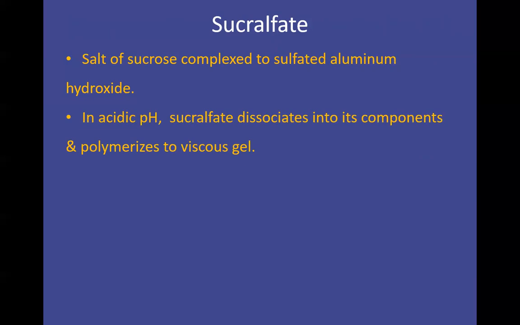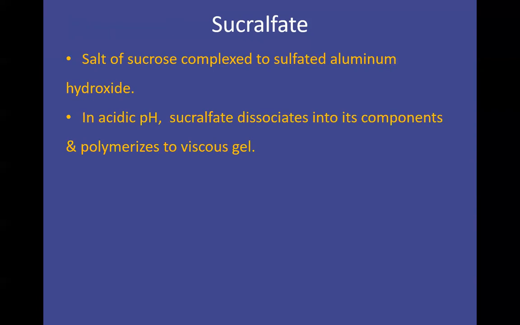Okay? Now, where does it like to bind? It binds to the injured part. And see how brilliant the idea is. It likes to bind to the already ulcerated area of the stomach.